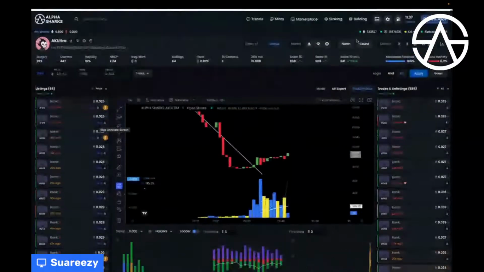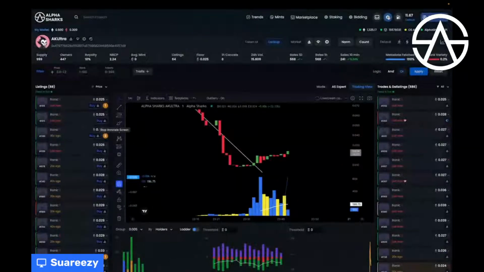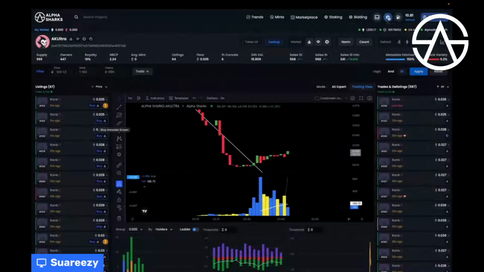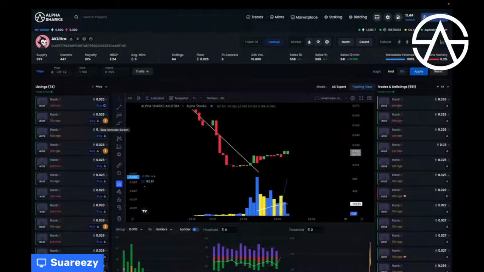If you're asking if you can input another wallet, you're able to do that with the tools wallet. Let's say you have a ledger you want to keep your shark in, you can toss it in there, and then your tools wallet could be the burner wallet that you input to utilize the Alpha Shark, so you can snipe and do all that as well. Hoping that was the question.